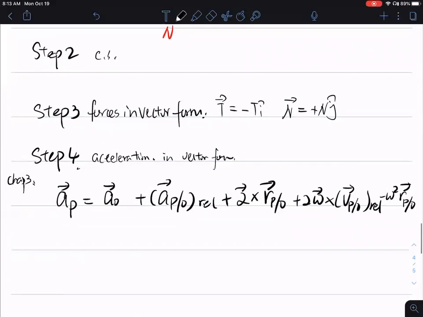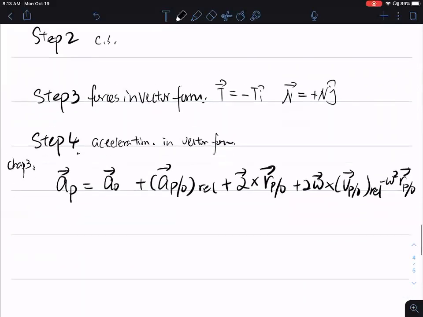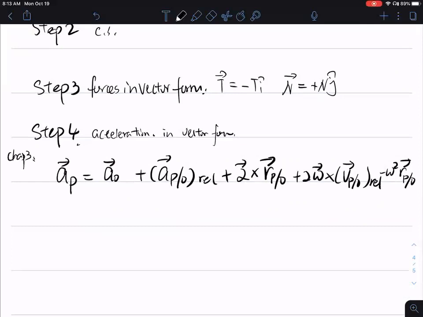From this equation, we can put in the information we know. Of course, AP is unknown here. But what is the acceleration AO? What is the acceleration at point O?